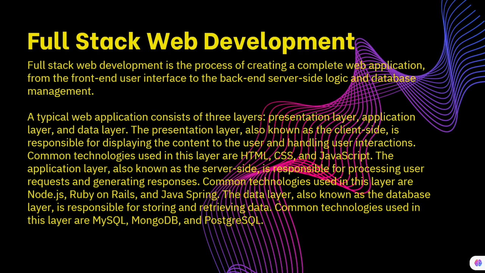In this, we can use Node.js, Spring.js, and Ruby. But in this project, we have used Node.js. Node.js helps to fetch data from the backend and to generate the response for whatever is given by the user.